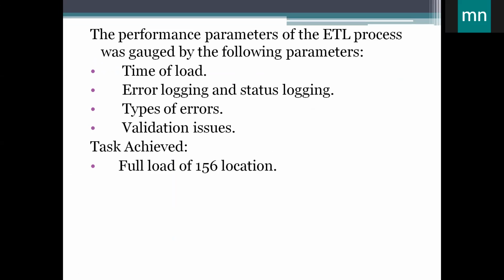Task achieved: full load of 155 locations. The first time, we are loading the data from the 155 locations, making a dynamic connection to each location, fetching the data from each different location, and putting it into the staging area. After that we do our ETL process and put the data into the final report table.